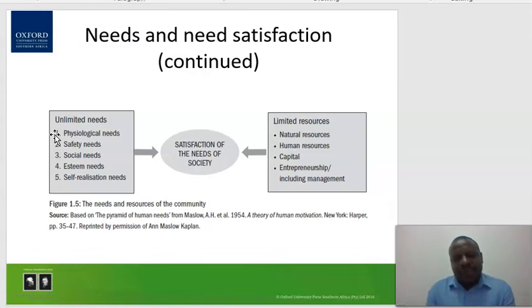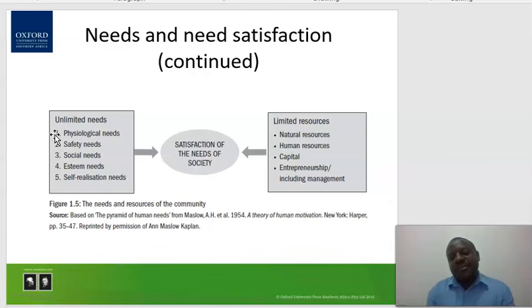These are at the bottom of the hierarchy of needs proposed by Abraham Maslow. The physiological needs represent the need for food, the need for water, basically the very basic needs of a human being.